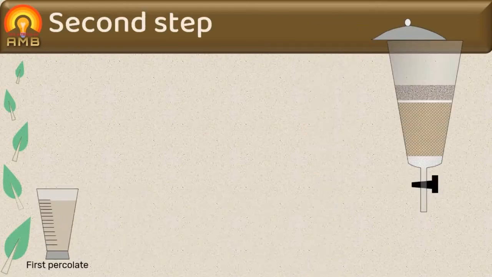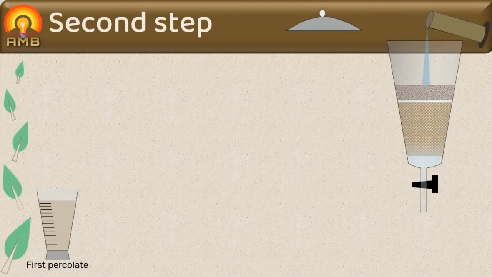In second step, the same drug is macerated for another 12 hours and percolated till 1000 ml of percolate is obtained.